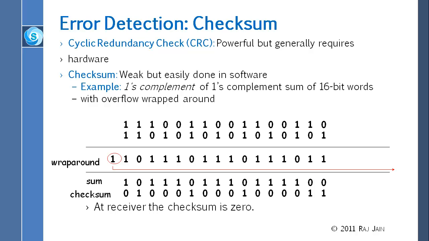At the end, you might get a carry here. If you get a carry there, then you bring it back and add it here. So this number plus this 1 gives you that value. Then at the end, you complement that value. So you send this value.